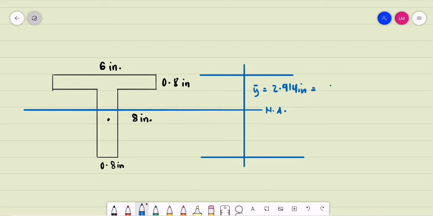We can have this as C from the top of the beam. That is the distance of the extreme fiber from the neutral axis, from the top of the beam.